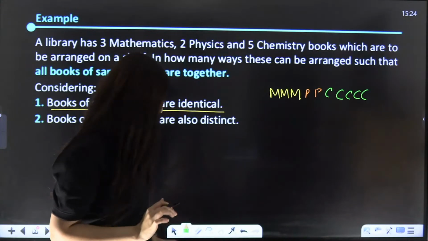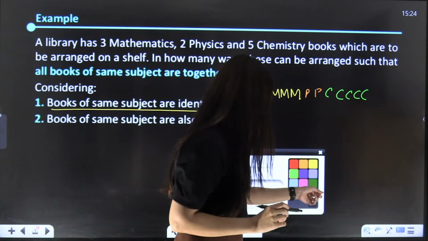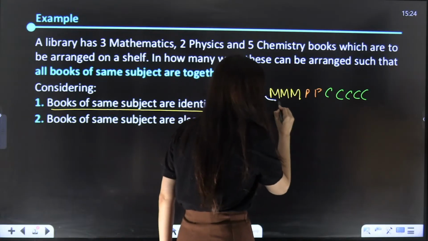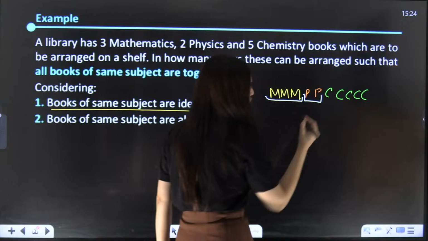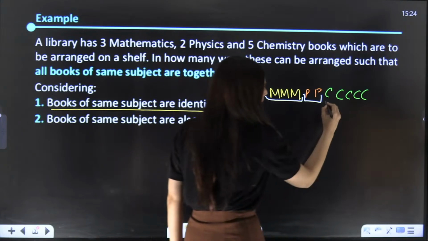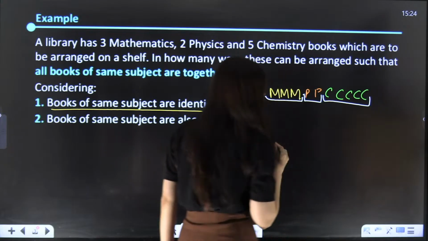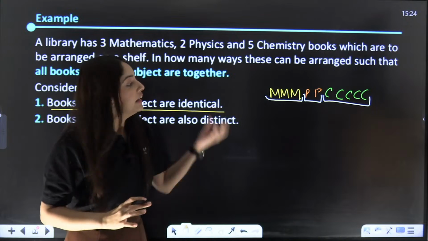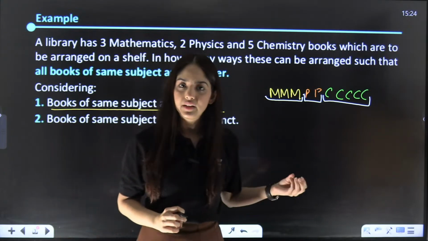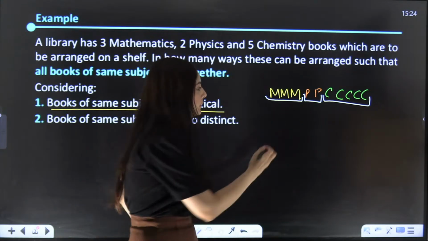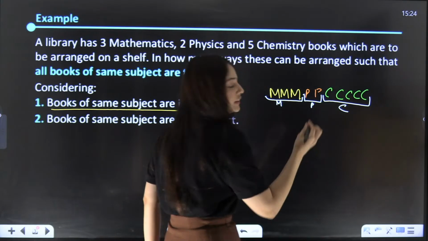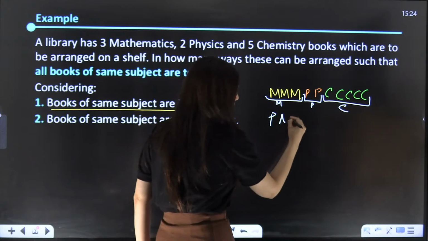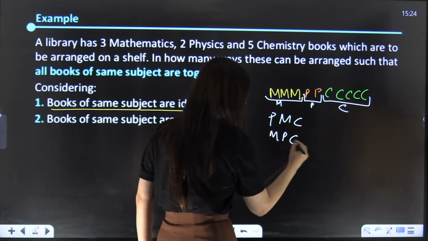Now these 3 have to stay together, so this is one bundle. These 2 have to stay together, this is one bundle, and these 5 have to stay together, so this is one bundle. In total, we have 3 bundles. Now the order can be the M bundle, the P bundle, the C bundle. The order can be PMC, MPC, MCP and so on.